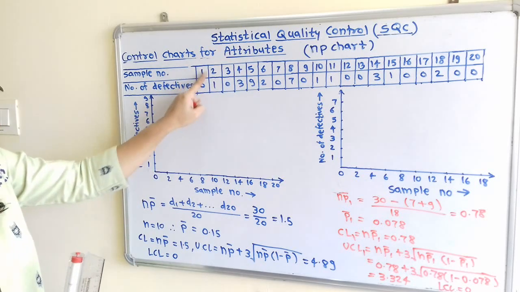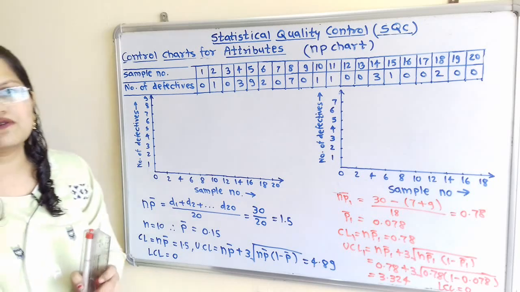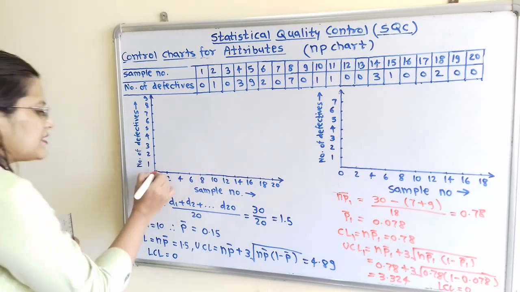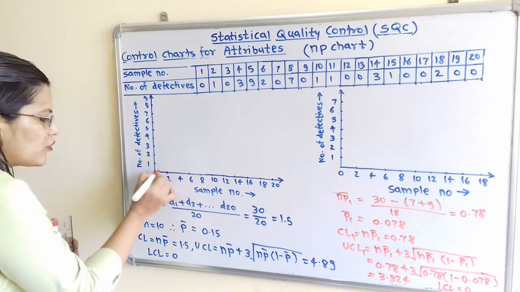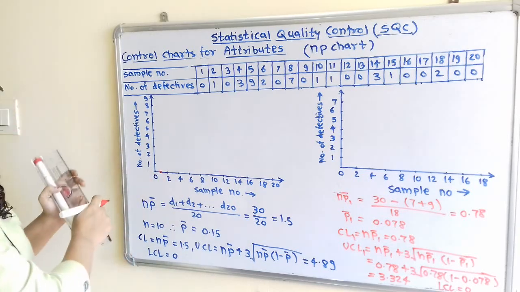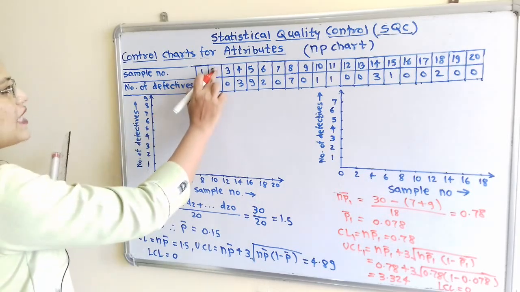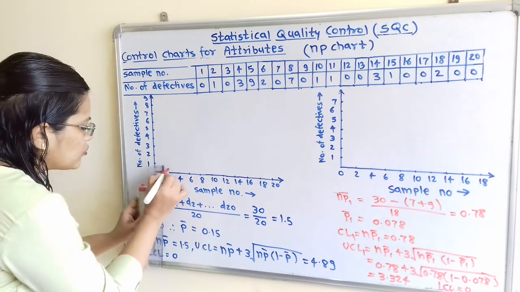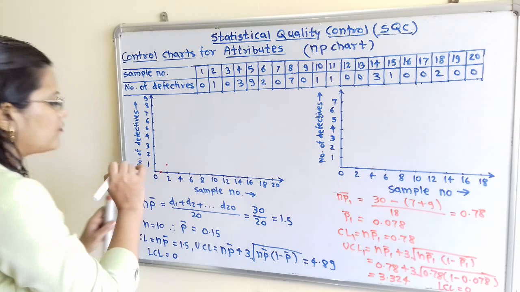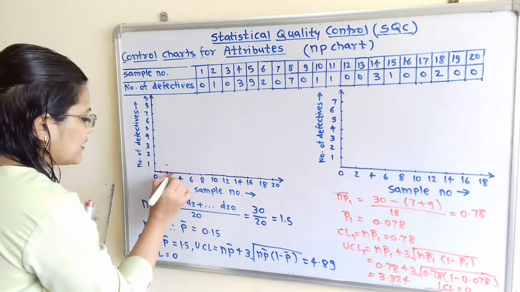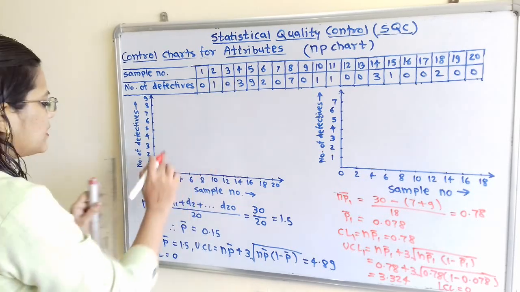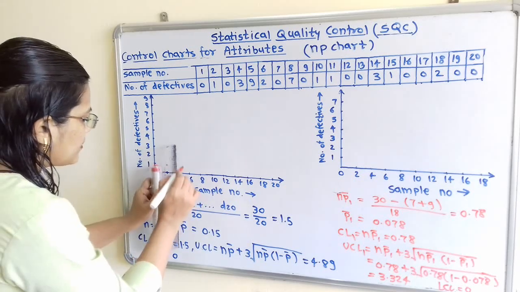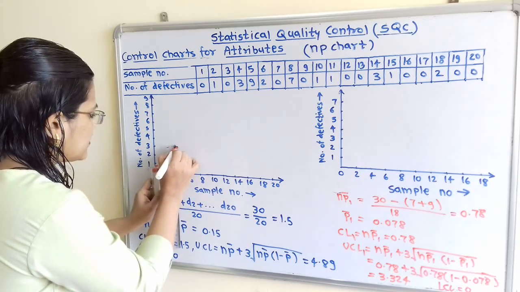For sample number 1, the number of defectives is 0, so here is sample number 1 in between 0 and 2, and we plot the first point. For sample number 2, the number of defectives is 1. For 3 it is 0. For 4 it is 3.